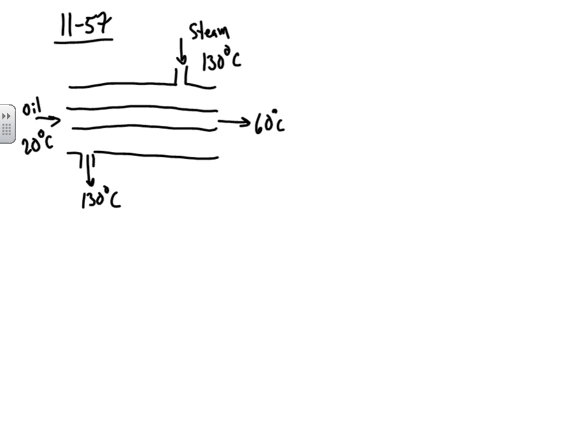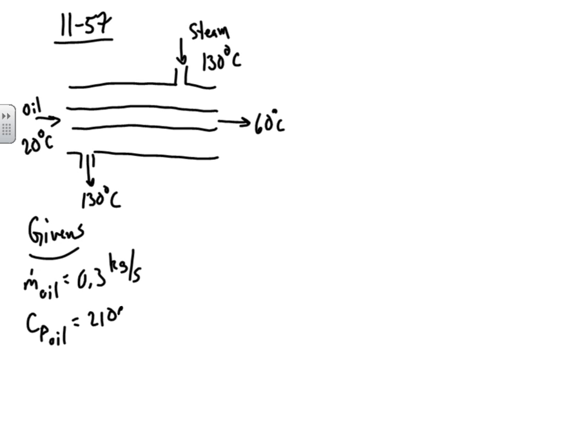So we'll start to jot down all of our givens. We know the m dot of the oil is given to us, and that is equal to 0.3 kilograms per second. Cp of the oil is also given to us. That's 2100 joules per kilogram Kelvin. We're given the diameter of the pipe. That's equal to 0.02 meters.